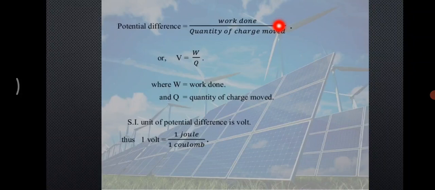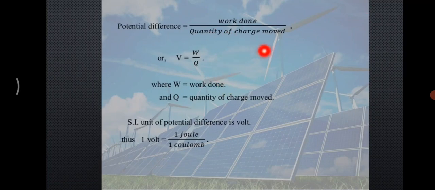So potential difference we calculate as work done upon quantity of charge moved. We are doing work on the charge itself. Work done upon charge will give you voltage. Potential difference is work done on unit positive charge from one point to another point.